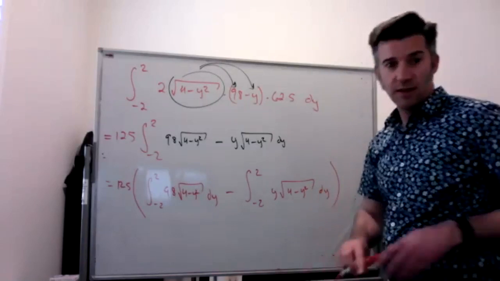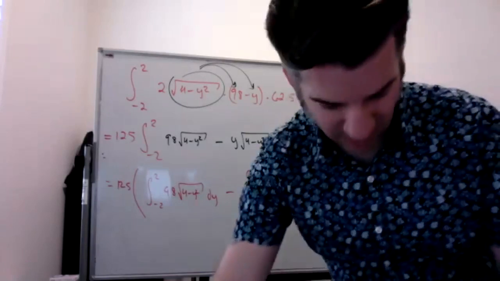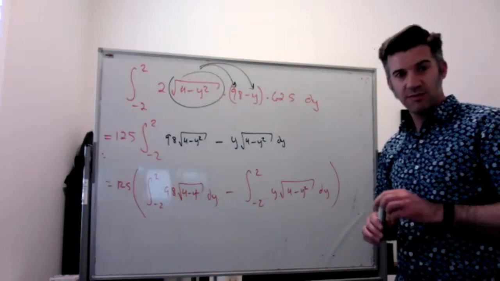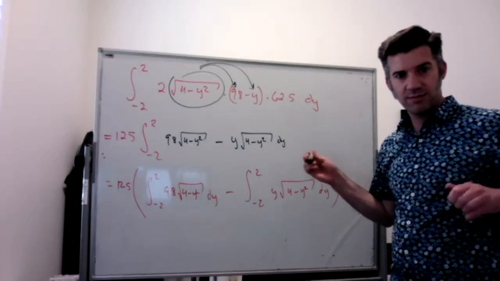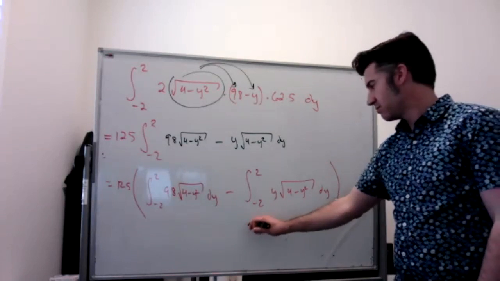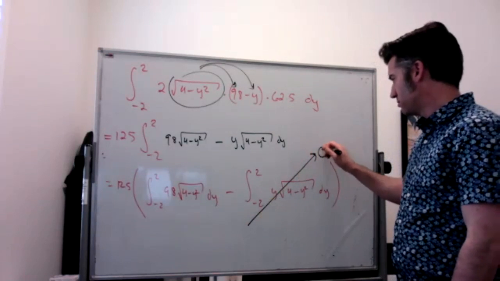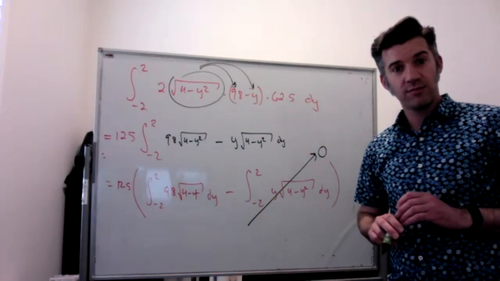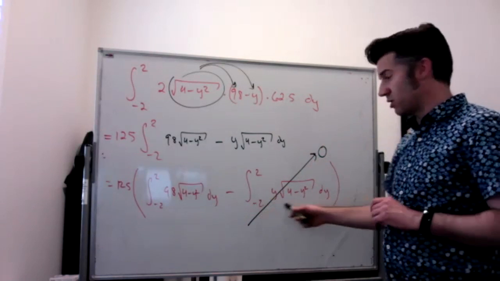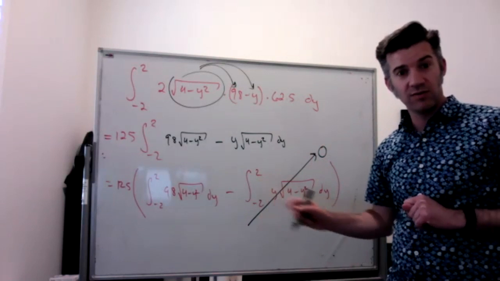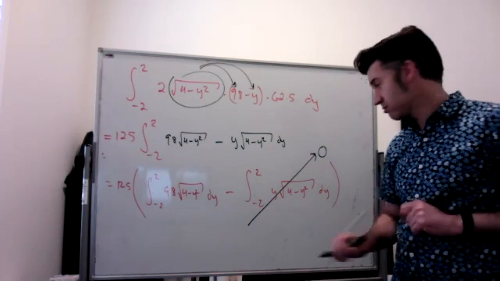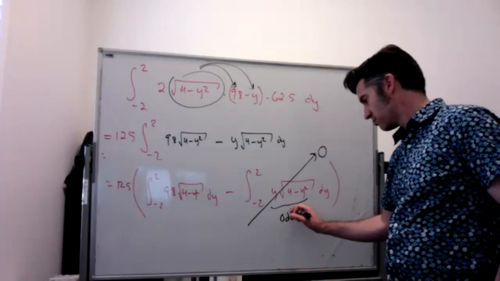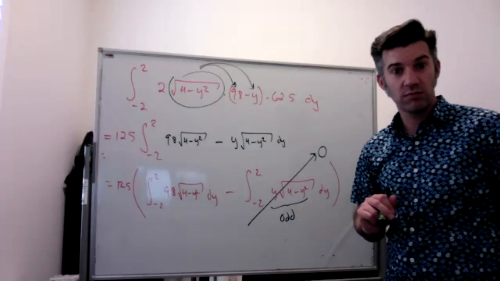All right. Can anybody tell me what this integral is equal to? It's 0. Why is it 0? What kind of function are we integrating from -2 to 2? An odd function.